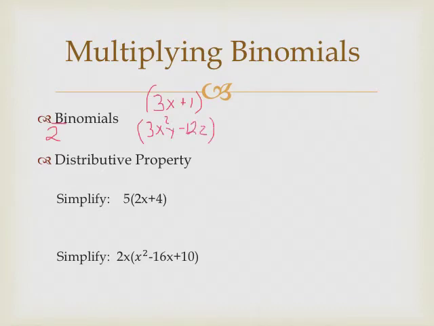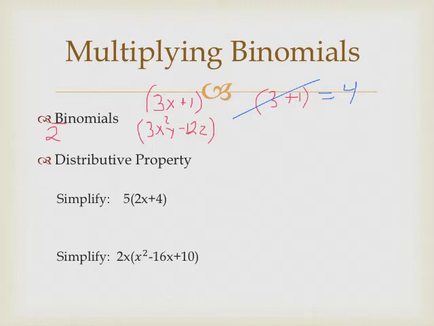Okay, quite weird. Also a binomial. It literally just means that there are 2 things. It doesn't matter what they are. The only thing you want to be careful of is technically like 3 plus 1. That's not a binomial because it's really just the number 4. Okay, so what I should be saying is 2 things that cannot be combined into 1.